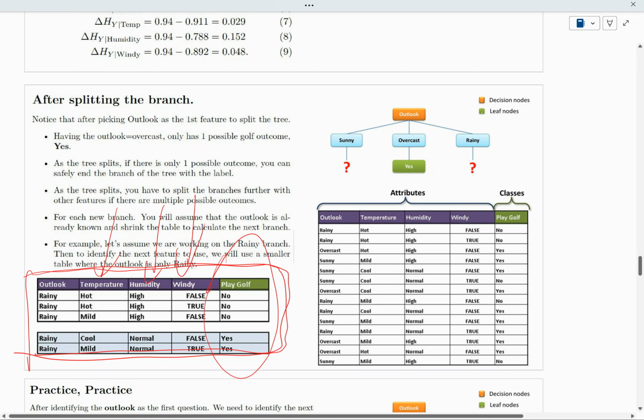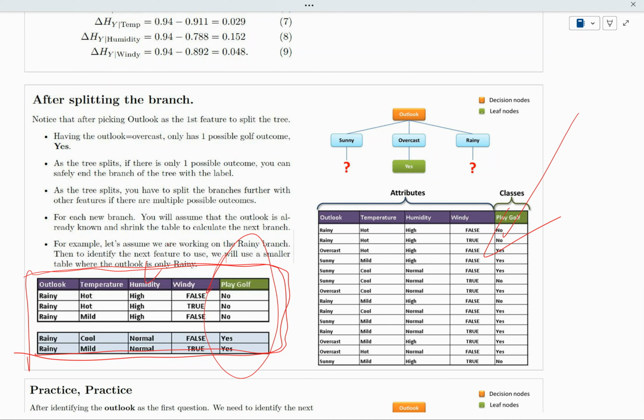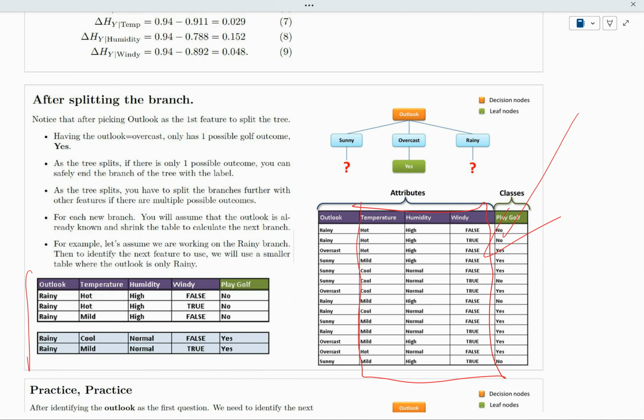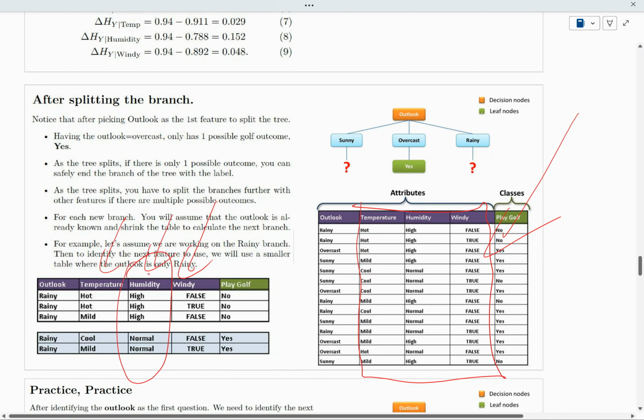Now, because this table is different from the original table, when you calculate the conditional entropy, it is going to be different. The conditional entropy for these three is not going to be the same as for these three. So you do have to recalculate it. But once you recalculate it, you will figure out which one gives you the most information, and you will plug that one into the next layer.